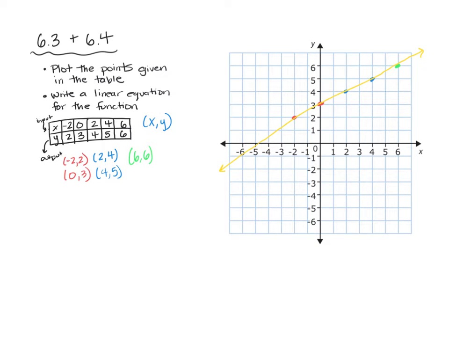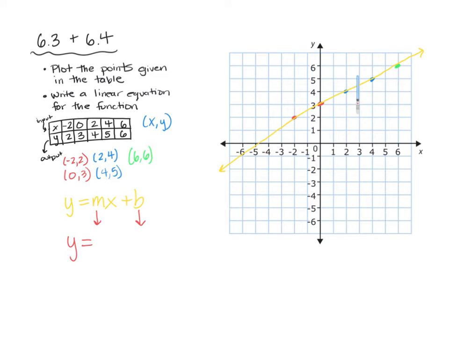You can just write y equals mx plus b, and you can just ask yourself, okay, what's the slope and what's the y-intercept? So this is probably the easiest way to write an equation if you understand y equals mx plus b. If I look at where the line intersects the y-axis, that's my y-intercept.